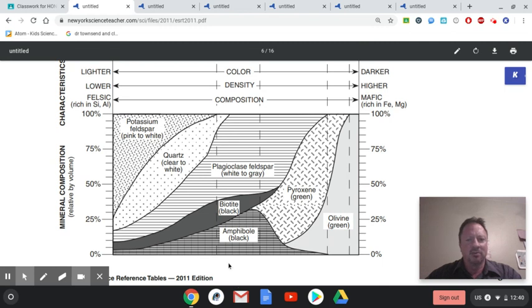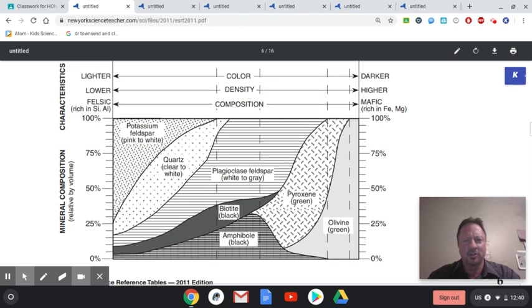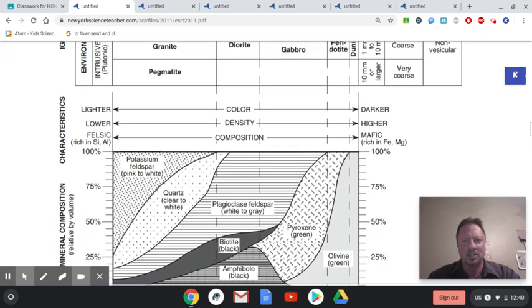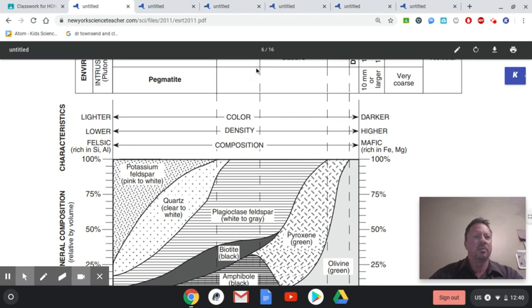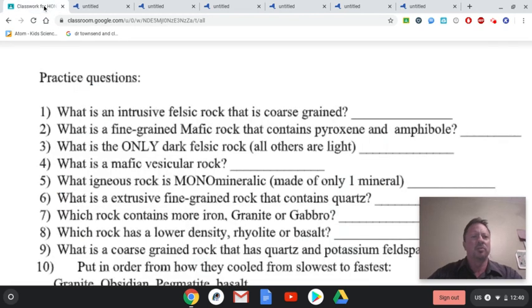Everything here in the middle is made of 3 or 4. Here we got 2 or 3. This rock over here is 2. And whatever rock is above this right here, remember I showed you this one before, that is dunite. Dunite is completely one mineral. Only one on the igneous rock chart that does that.